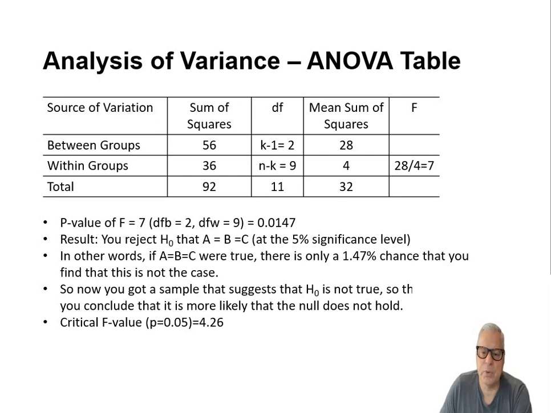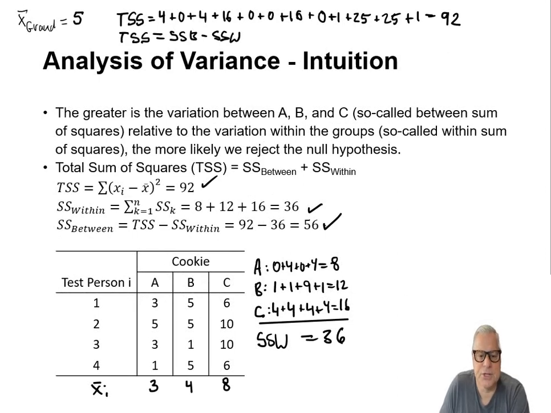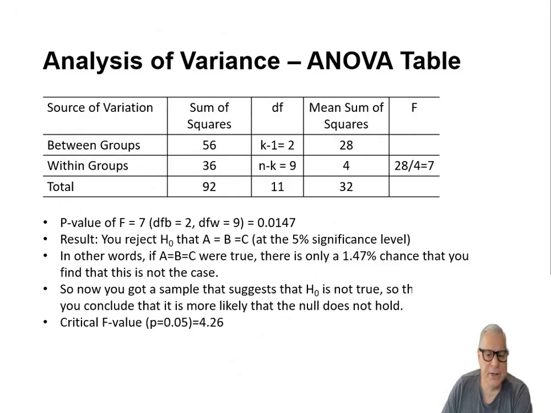Then we have to average out the sum of squares between the groups over the degrees of freedom. In our case, we had 3 groups or 3 cookies, A, B, and C. And then the degrees of freedom is the number of groups minus 1, which in this case is 2. So in other words, if I know that the sum of squares between the groups is, let's say, 56, and I know 2, well, I know what the variation of the remaining third group must be in order to make it 56.